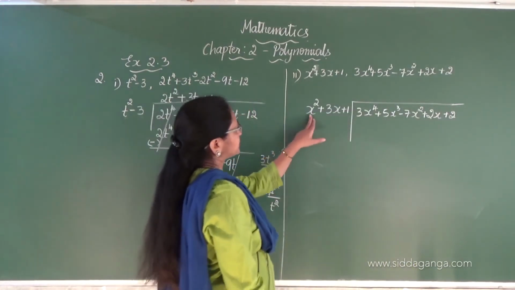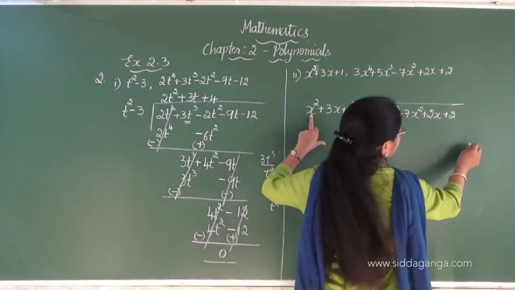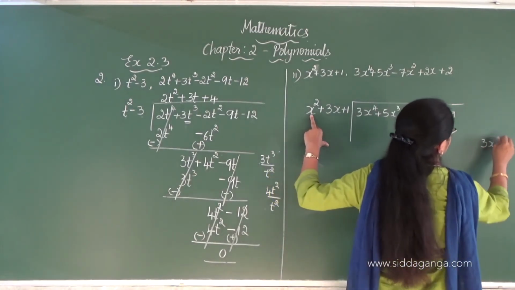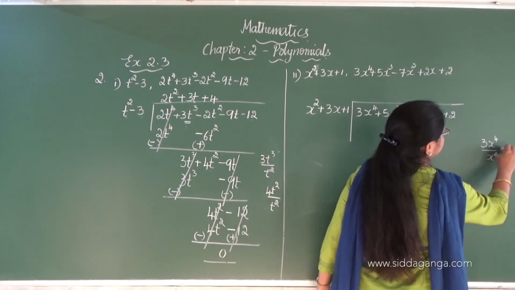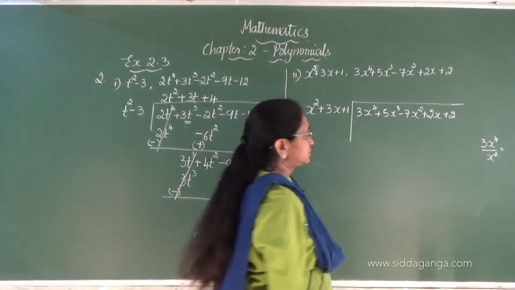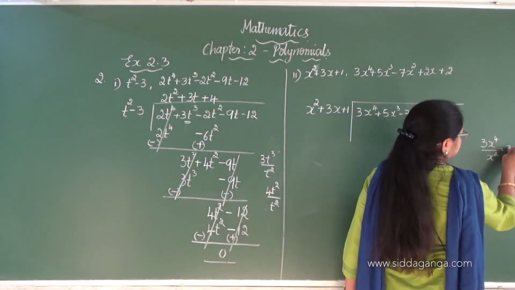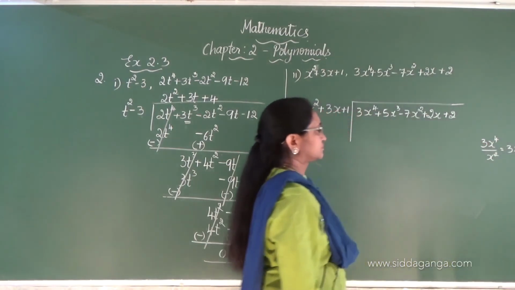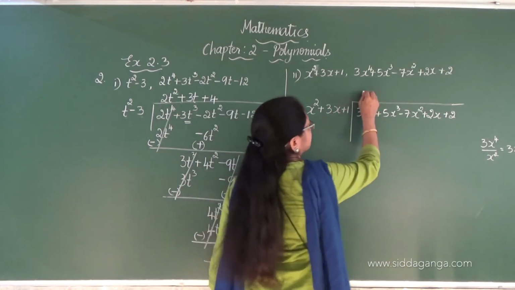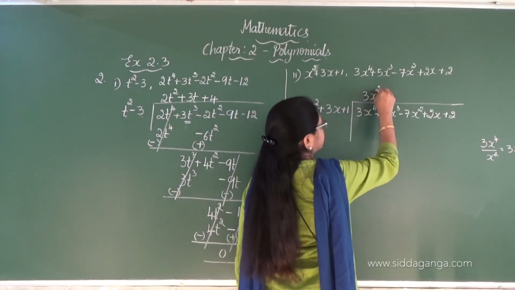Now, see here, 3x to the power of 4 divided by x square. So, when you divide, what is the quotient here? 3x square. Now, the first term will be 3x square.